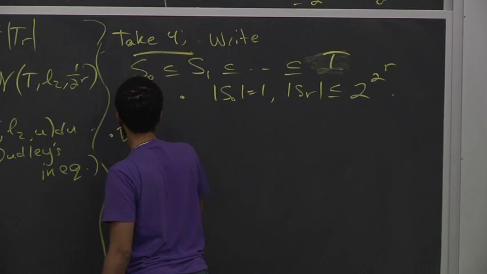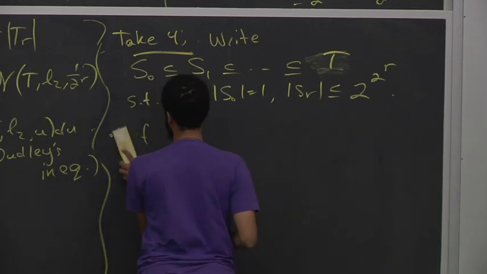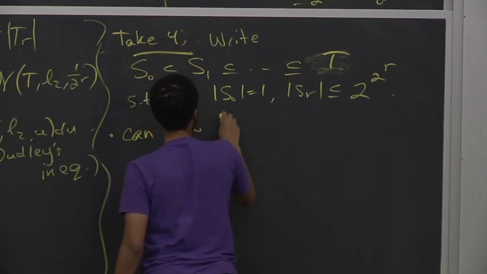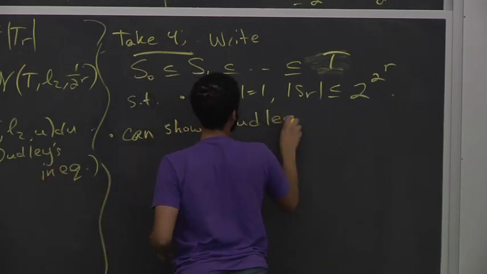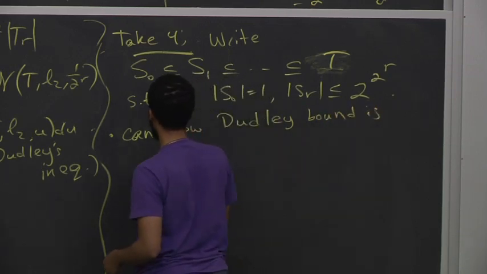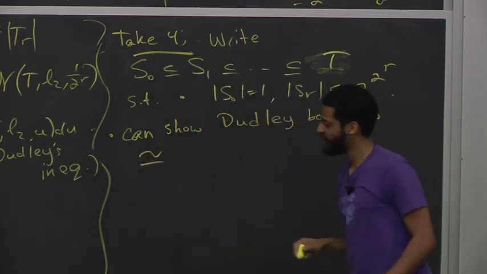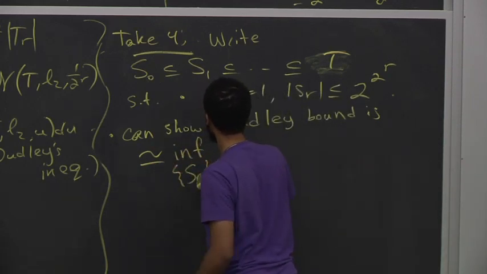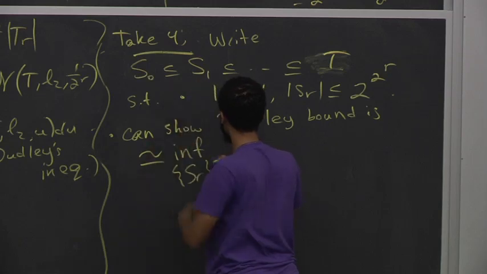And then you can show that the Dudley bound, take 3, is the same up to a constant factor, is theta of the inf over all sequences Sr satisfying this condition here.